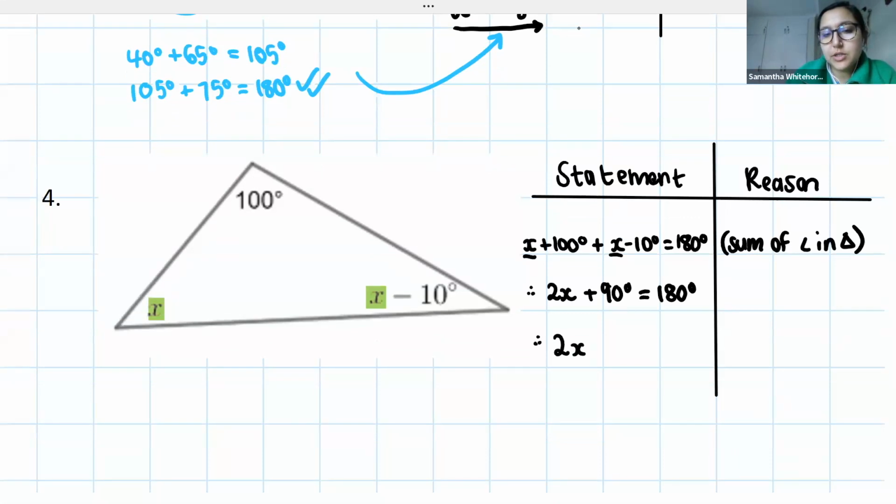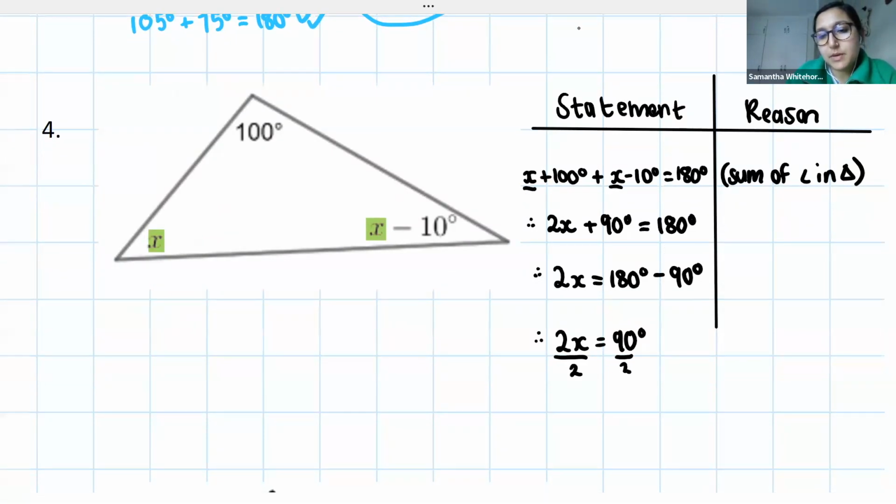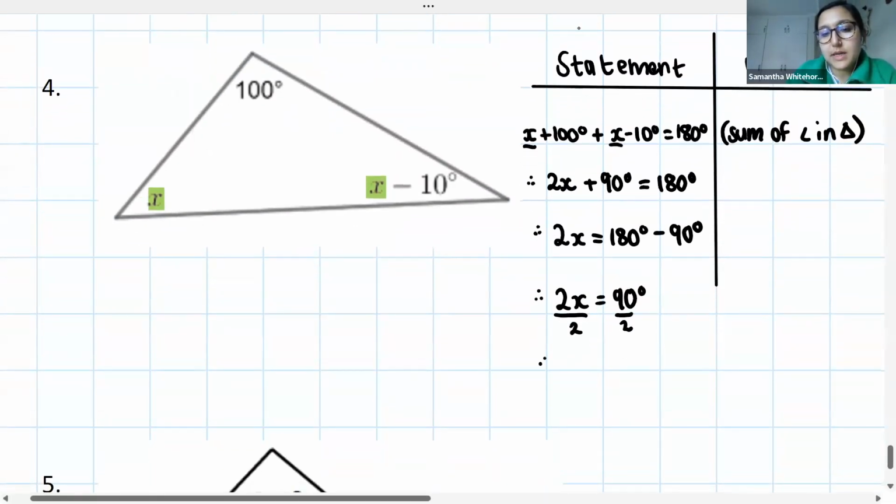Inverse operations: 2x is equal to 180 minus 90, which we know is 90. Remember, 90 is half of 180. And then, guys, we're solving for x, so we need to divide both sides by 2 in order to get x alone. And so x is equal to 45 degrees.